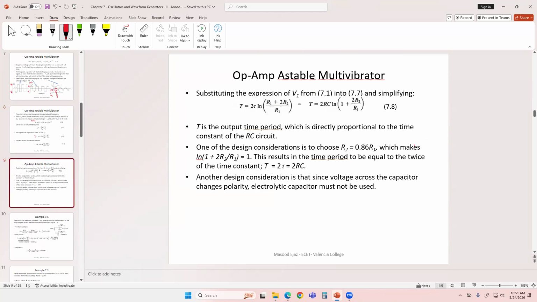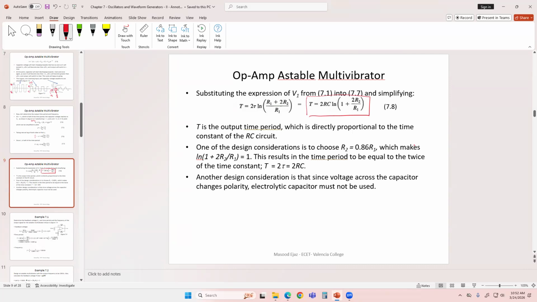This will be our equation for the time period after simplification: 2 times RC natural log of (1 plus 2 R2 over R1). So the time period is directly proportional to the time constant RC, as you can see. The longer the time constant, the longer the time period of the output is going to be.